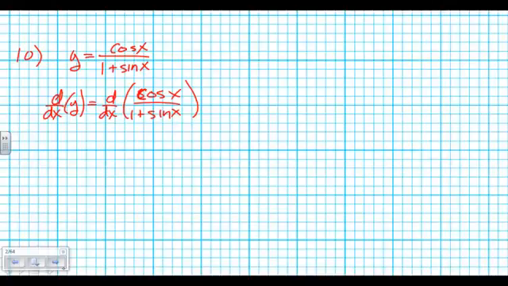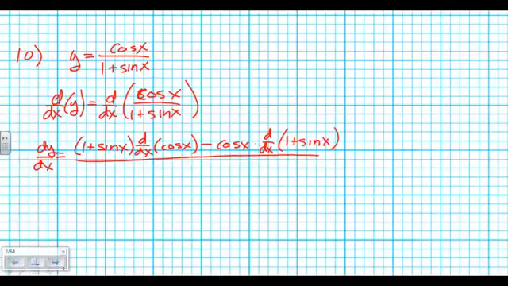All right, so let's do the mantra for the quotient rule. dy dx is equal to the bottom times the derivative of the top minus the top times the derivative of the bottom, all over the bottom squared.